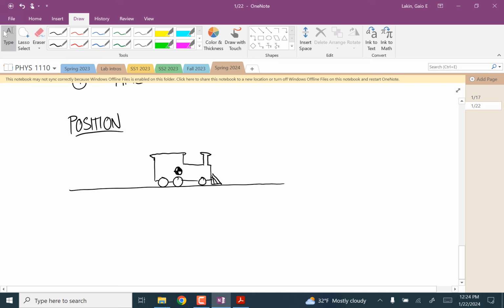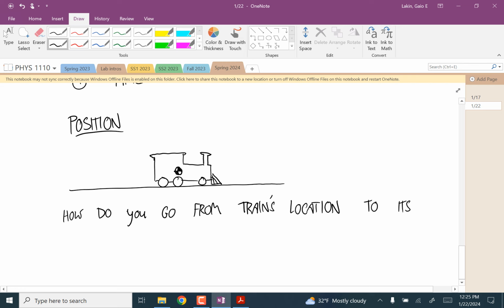But how do you go from the location of the train to a numerical position? Well, don't think about it mathematically.